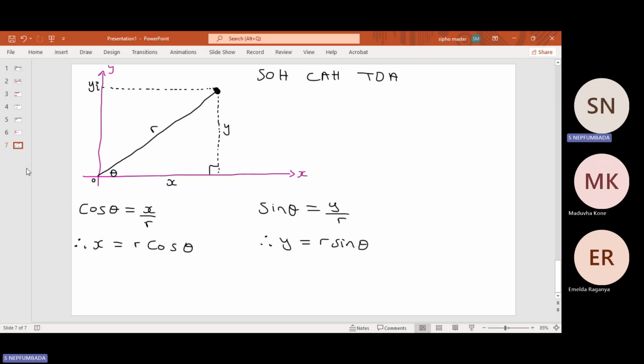So as far as we are concerned, we know that z is given by x plus yi. Can we go to the next slide? Yes.